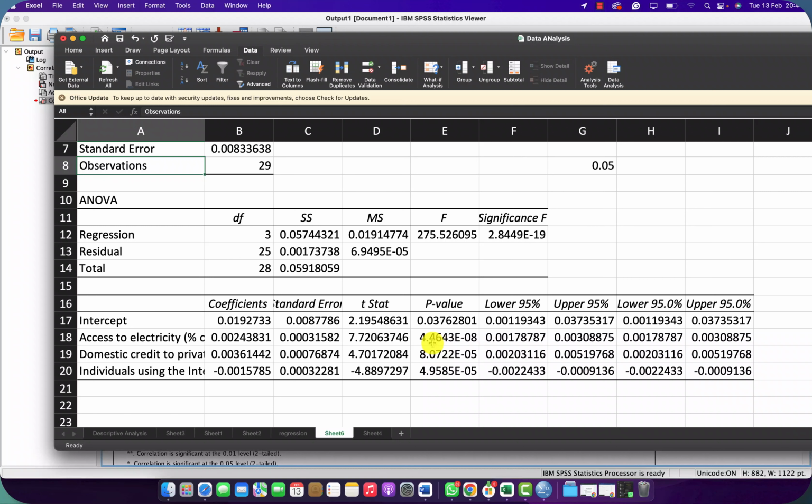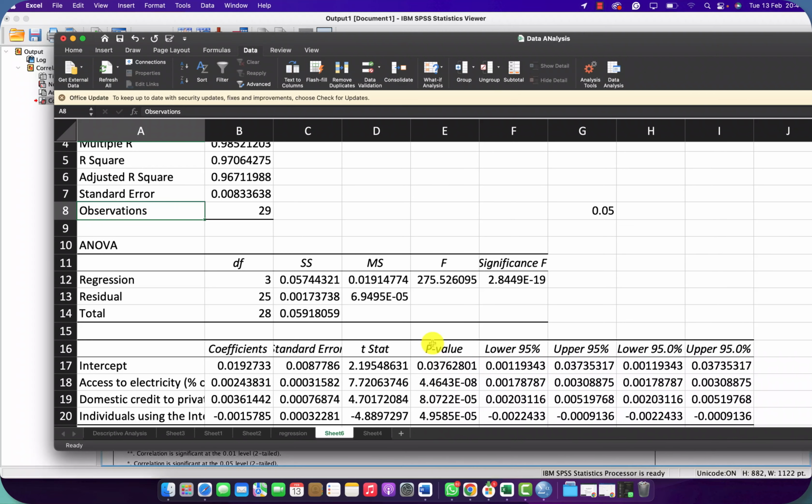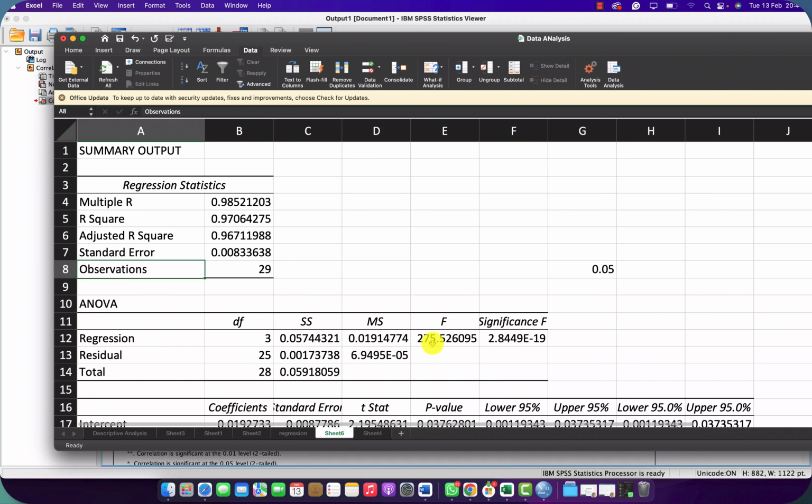So with this result now, listen, I can quickly predict that access to electricity, domestic credit, which is access to finance, and individual use of internet, which is access to technology, automatically affect our CO2 emission.